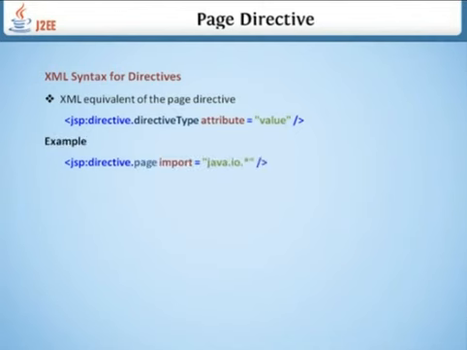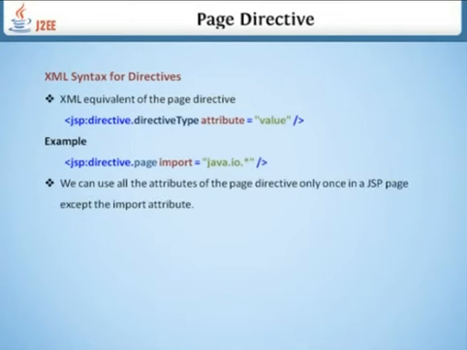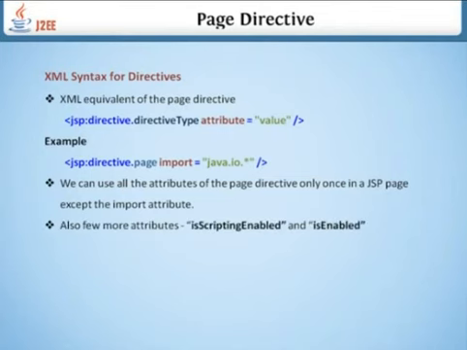We can use all the attributes of the page directive only once in a JSP page, except the import attribute. There are also a few more attributes, isScriptingEnabled and isELIgnored, which apply while we are using expression language.